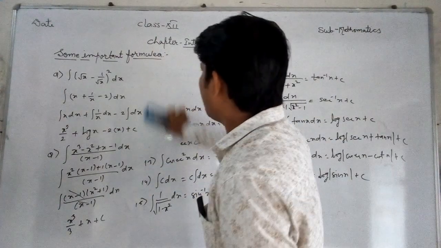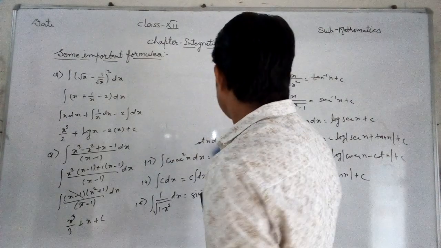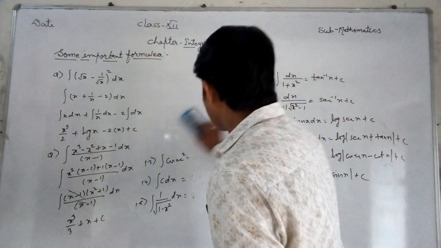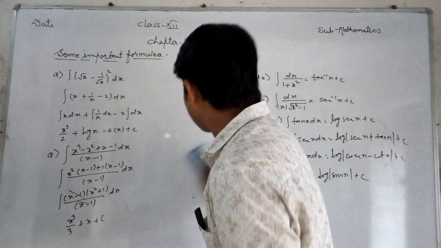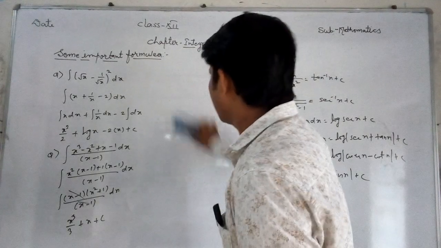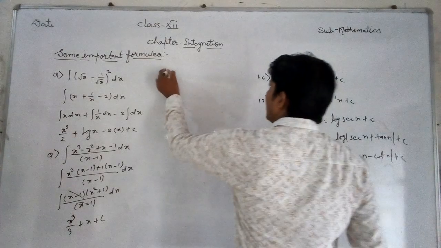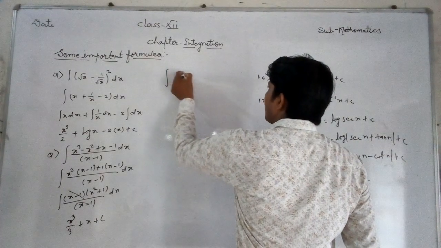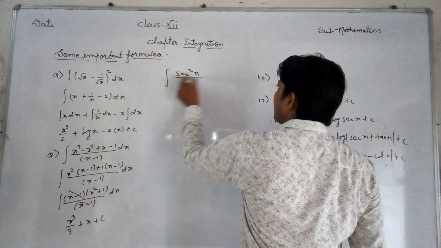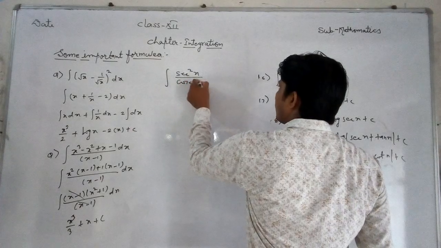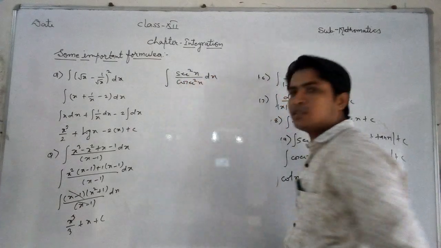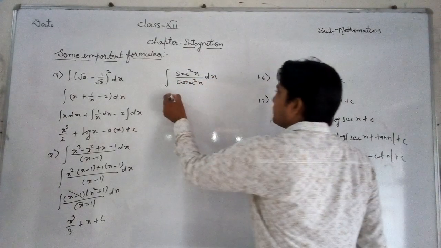Now our next question: we want to find the integral of a trigonometric function, sec square x divided by cosec square x dx. First of all we simplify the question.